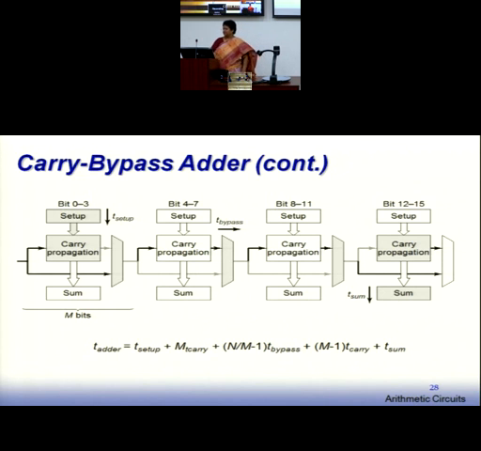So can I say it comes out to be T setup plus M T carry, assuming that you have a C in of 1 and then everywhere it is a propagate? Then it would be M times T carry. No, through the bypass path: first path, second path, third path.